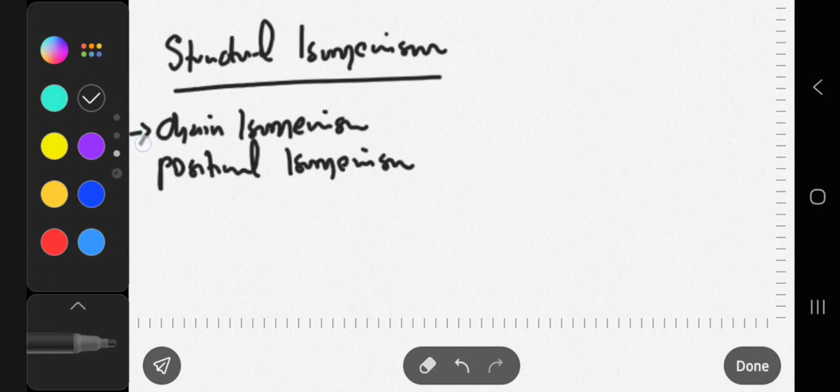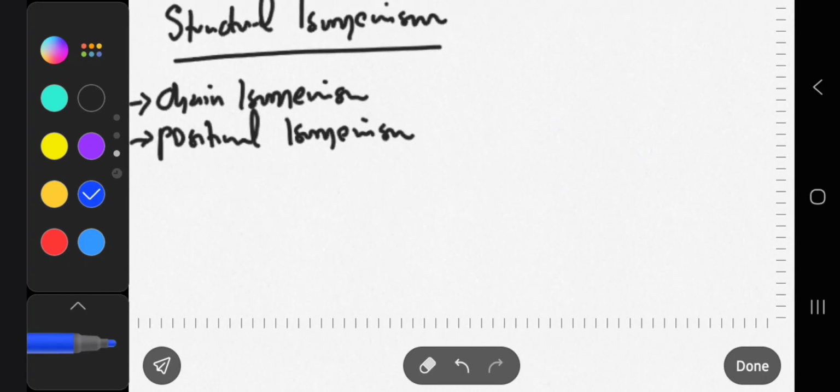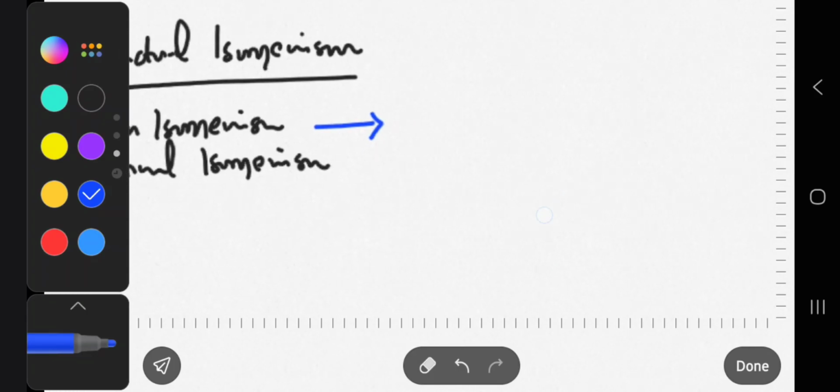So we're going to discuss these two right now. Now, chain isomerism results for compounds in the same homologous series whose functional groups are at the same position. That is chain isomerism, when these compounds have their functional groups at the same position.